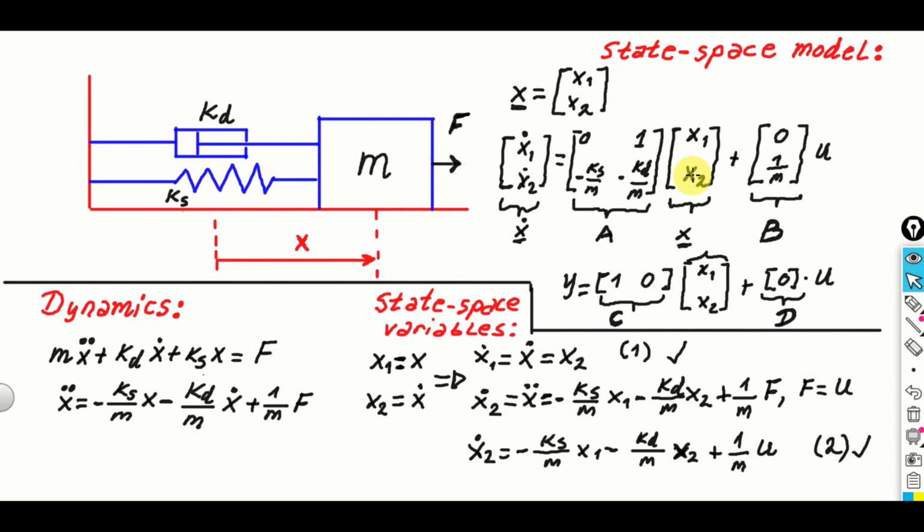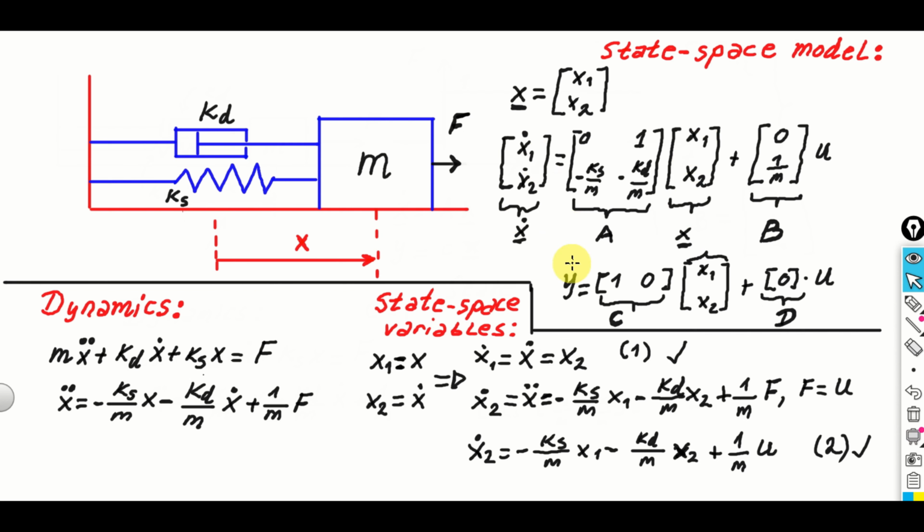We simply placed x1 and x2 here, and by combining this equation and this equation, we can see from this equation that the first equation only depends on x2, and from the second equation, by grouping the coefficients and putting them in the matrix, we actually obtain this matrix. Similarly, we obtain the B matrix. We have 0, 1 over m, and then we denote A will be this matrix, B will be this matrix, x underline is this vector, and x underline dot is this vector.